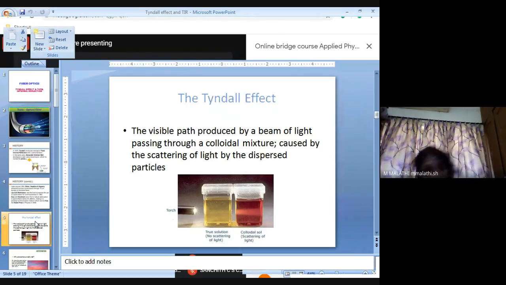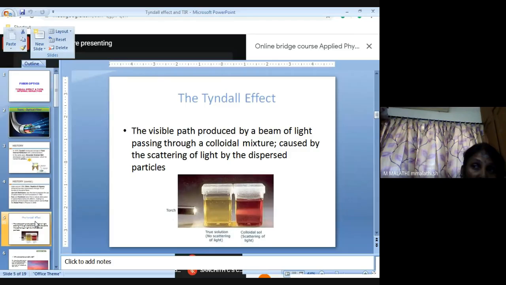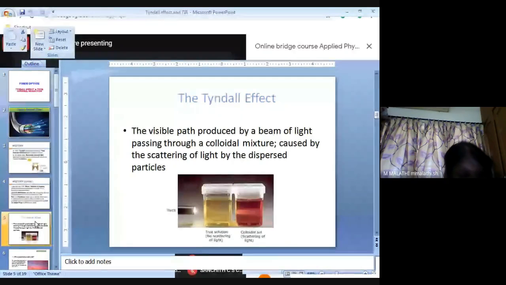Suppose when light is passing through a medium, the particle size in that medium is not sufficient for the light wave to scatter. Even though the light is passing through the medium, you cannot see the light unless the particle size is in a particular range, which we are going to see.